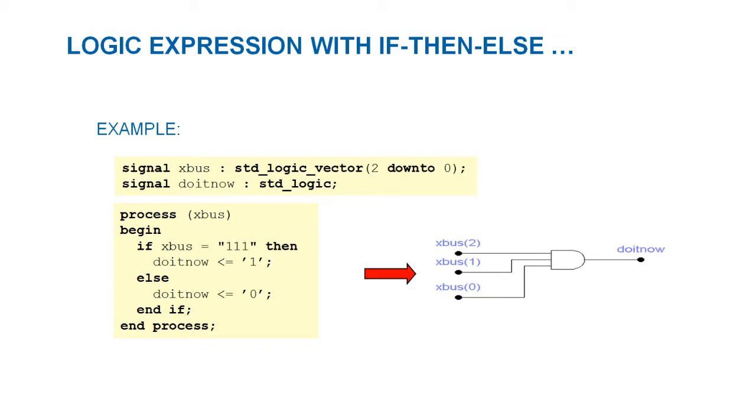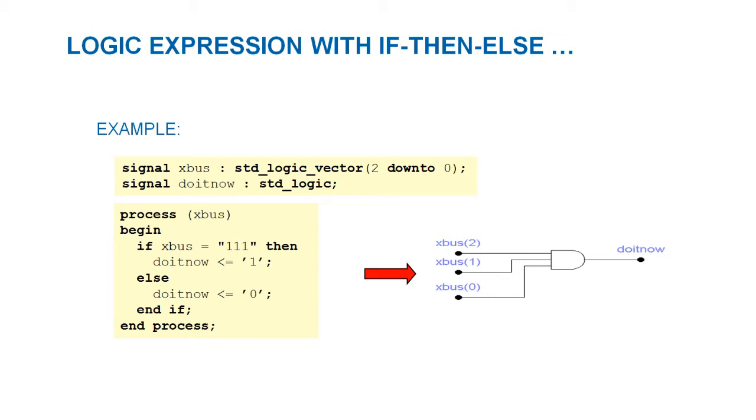Essentially, if we have a process called SBus that has 3 inputs, XBus 0, 1, and 2, and we assign a signal doit_now a value 1 or 0 depending on whether all the inputs are 1, then we can have an implementation that is simply an AND gate.